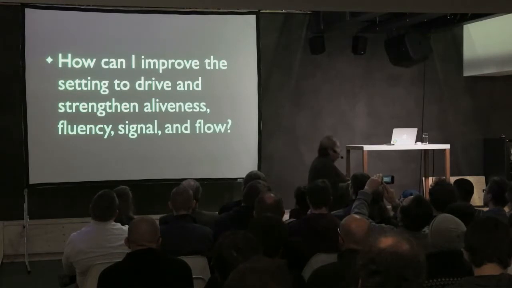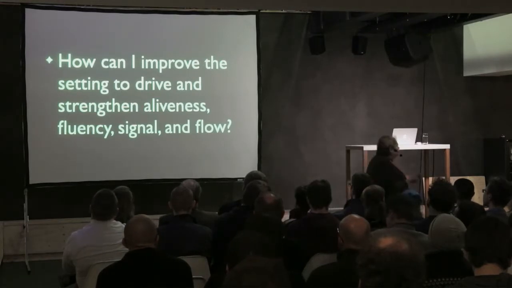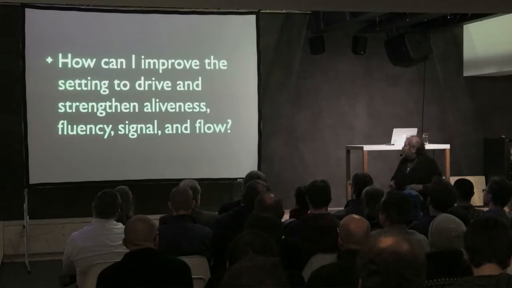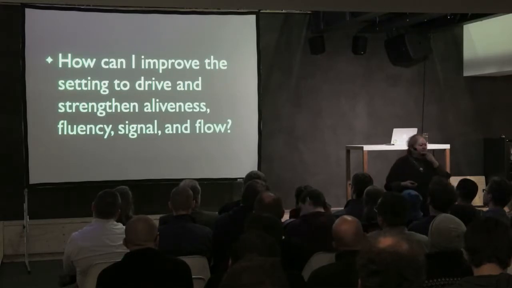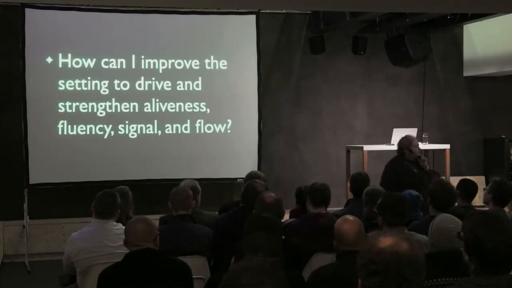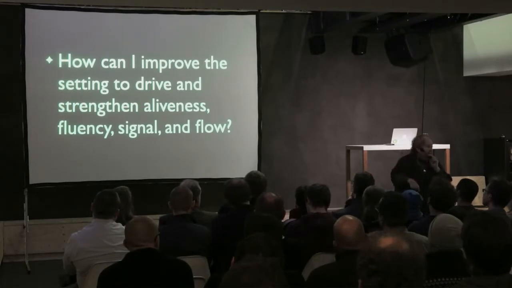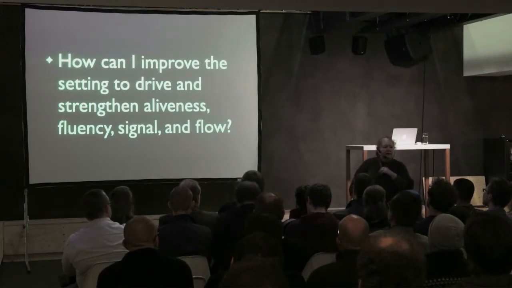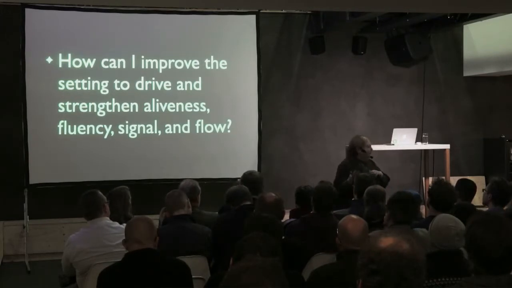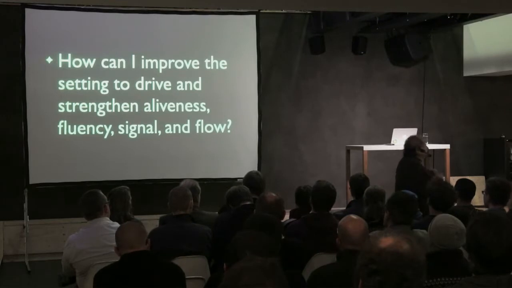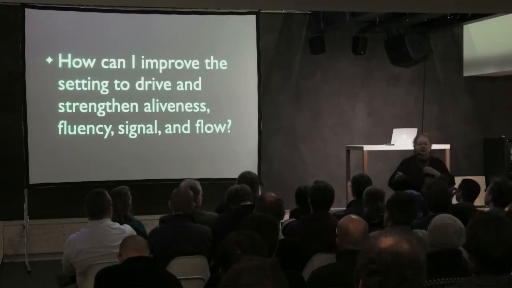How do I influence this setting? How do I move things around? So how would we improve this setting, both the one you have in mind and this one right here? So far we've talked about aliveness and do it for real, so let's just focus on those two. How could we improve this setting for that?